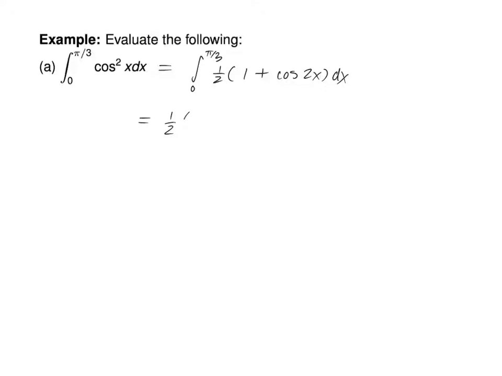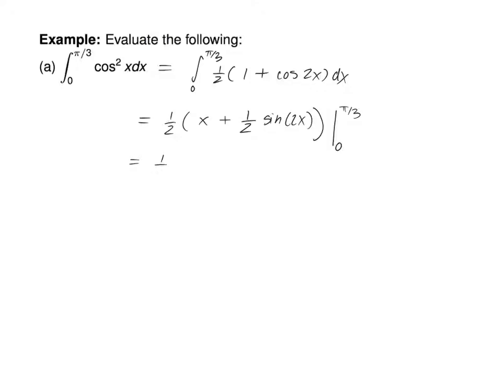What's the antiderivative of 1? x. And then how about the antiderivative of cosine of 2x? 1/2 sine 2x, or sine 2x over 2, same thing. And you're going to evaluate from 0 to pi thirds. Just knowing that identity makes it not very difficult, right?